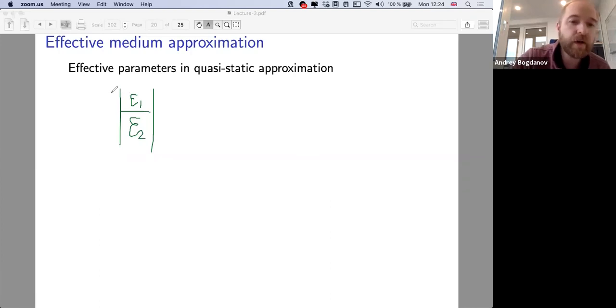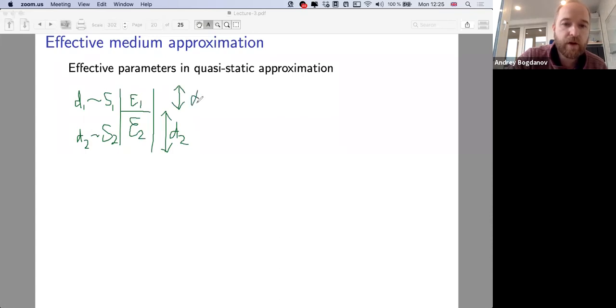The surface areas are like S1 and S2, but the surface area is proportional to the length, so I would say D1 and D2. But now I just rotate my structure. Now this is D2, and this is D1.